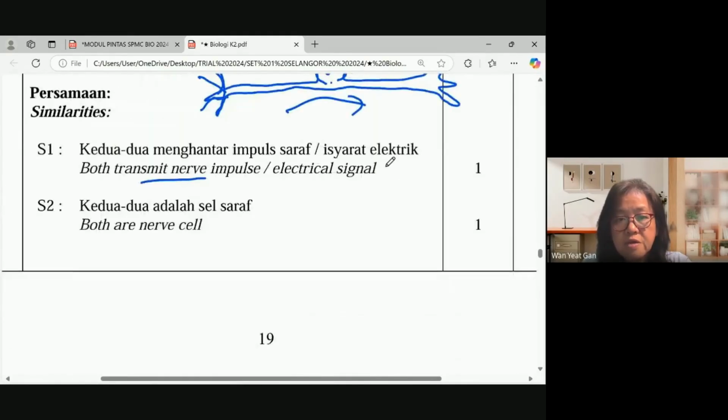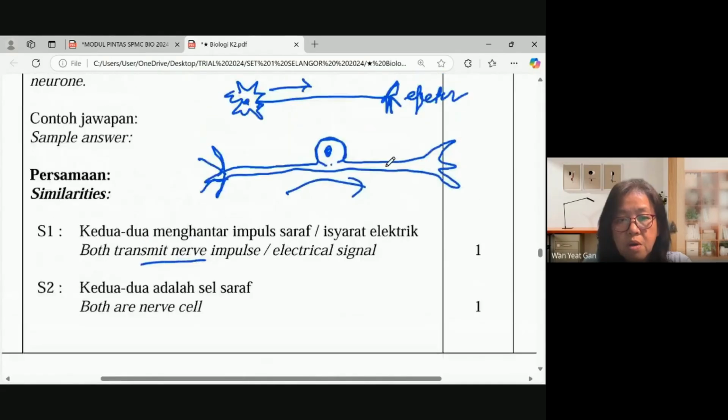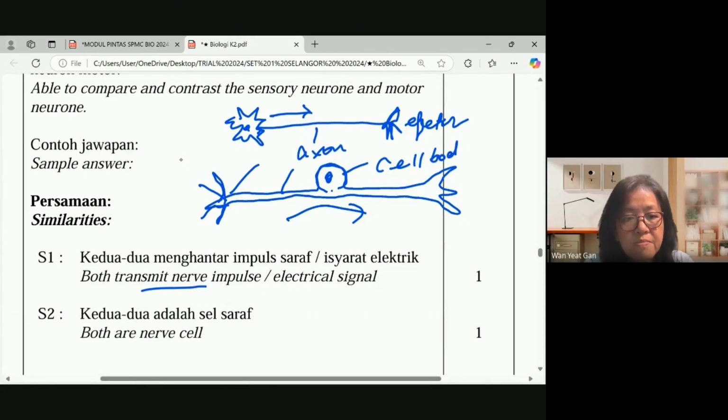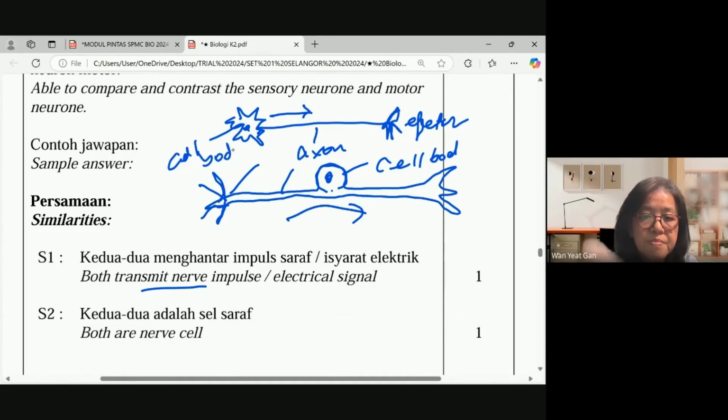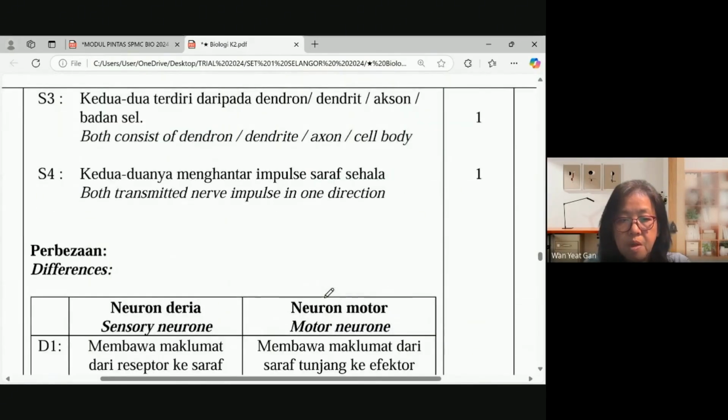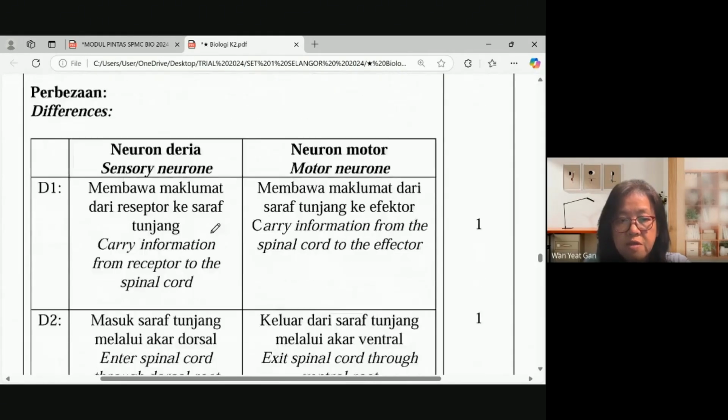So dendrite, axon, and cell body, this is cell body, this is also cell body. And both transmit nerve impulse in one direction. Okay, let's look at the differences.